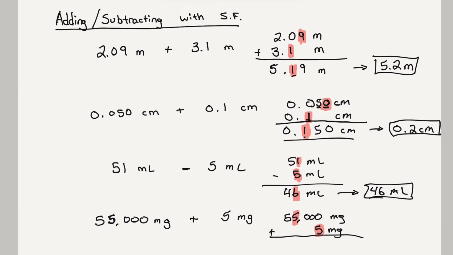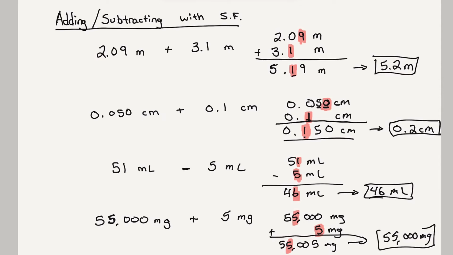So if you add these two together, you're going to get 55,005 milligrams. Well, according to the rules of addition, you go by this spot right here, and so you're going to round that number there. Well, if you round that number, it's going to be 55,000 milligrams.